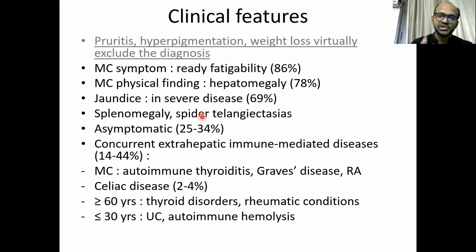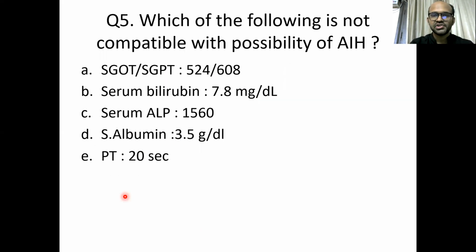So if a patient of autoimmune hepatitis presents with jaundice, that means it is already an advanced case. 30% of patients can be asymptomatic. You can have concurrent autoimmune diseases, most common being autoimmune thyroiditis, Graves' disease, and rheumatoid arthritis. In young patients, we have autoimmune hemolytic anemia and ulcerative colitis. In elderly, we have thyroid disorders and rheumatic conditions.